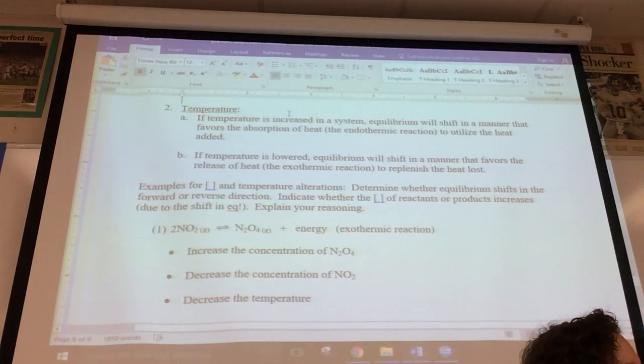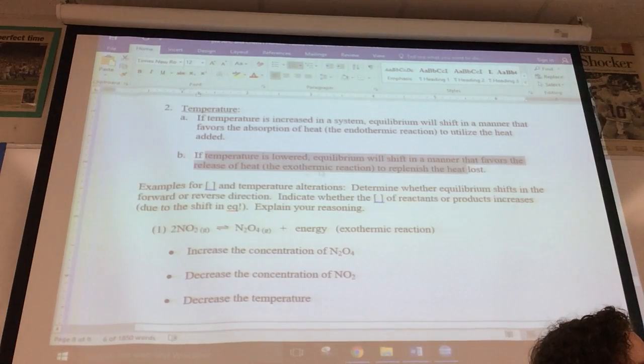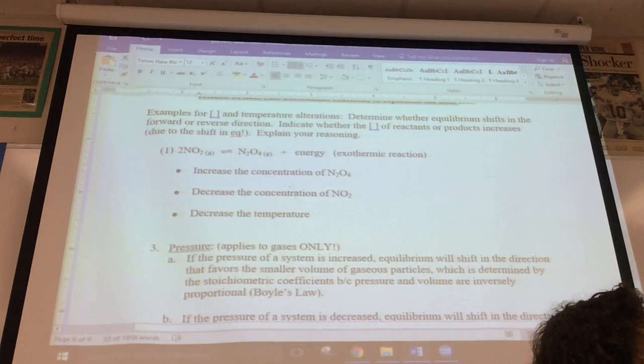With temperature, when you increase temperature, you've got to shift away from the energy term. It says equilibrium will shift in a manner that favors heat absorption. When you decrease temperature, equilibrium shifts in a manner that favors heat release. And we're going to look at these examples here. I'll explain those statements in a little more detail.